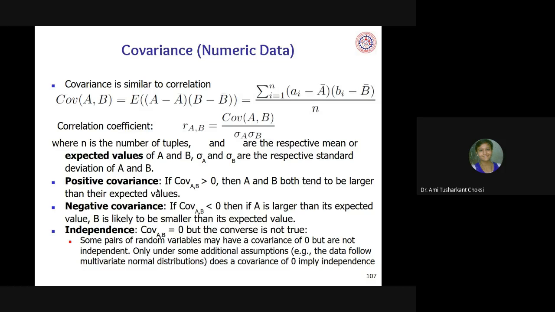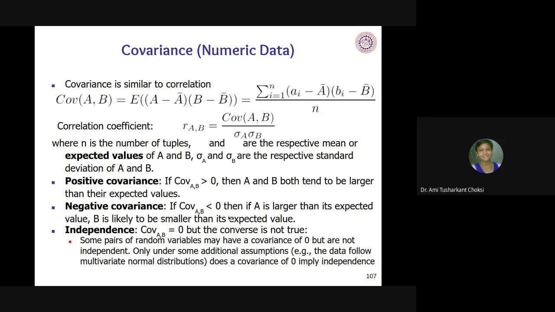Positive covariance, where Cov(A,B) is greater than 0, then both tend to be larger than the expected values. Here we are saying whether they are larger than the expected values or not.